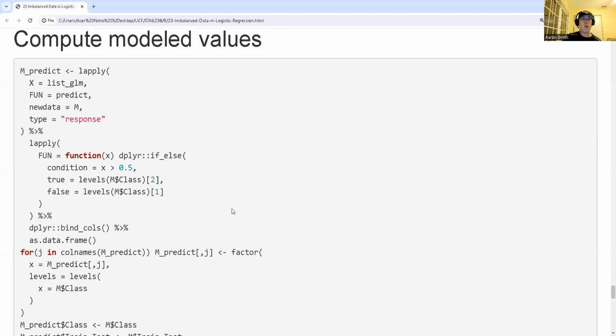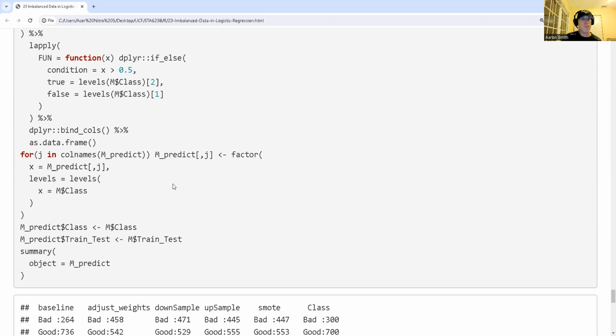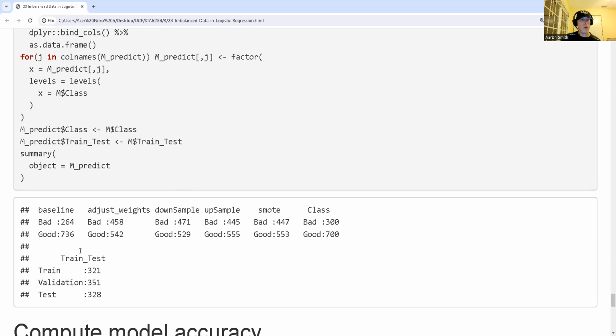Now let's go ahead and compute the modeled value. So I'm just going to run predict on the different models, and we're just going to take a look. So here we get our baseline value. You can see that's pretty close to the original data. We have our adjusted weights, and you can see that it's pretty close to balance.